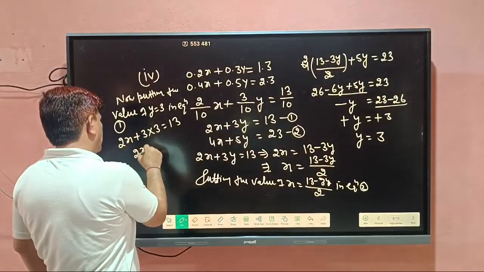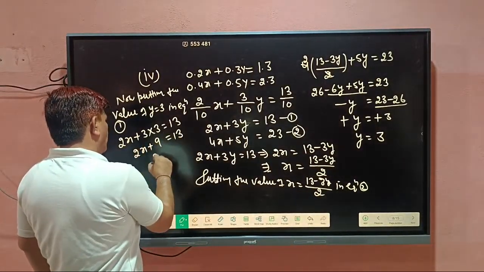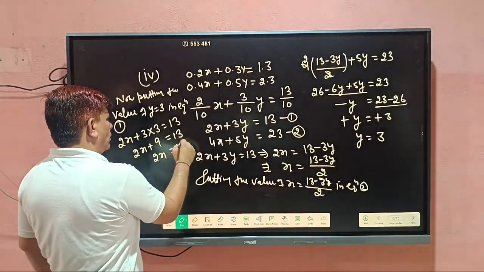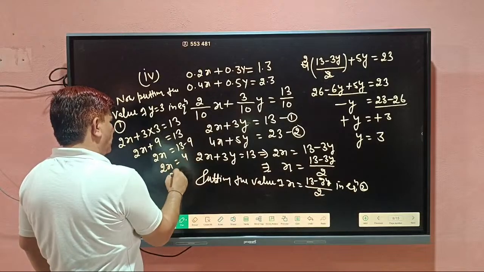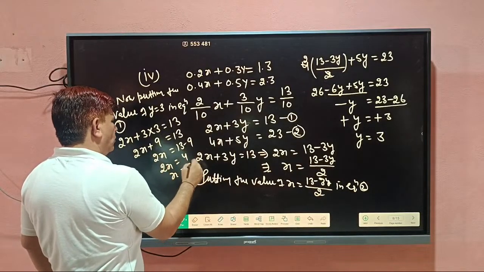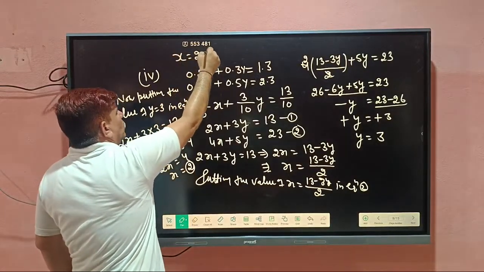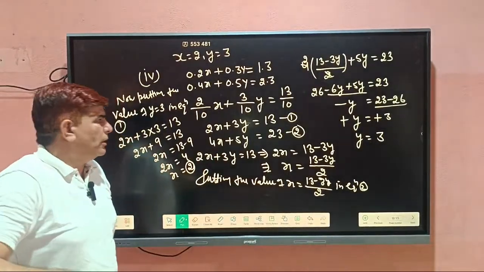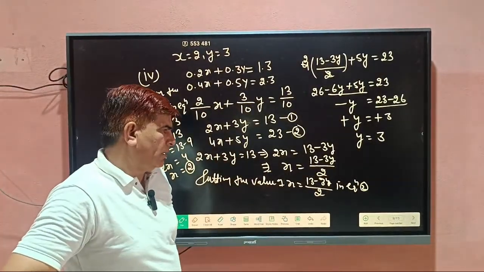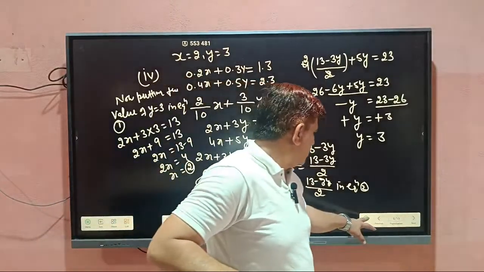So 2x plus 9 is equal to 13. 2x is equal to 13 minus 9, 2x is equal to 4. x is equal to 4 by 2, 2. So what's the value of x? x equal to 2, y equal to 3. So in this way, such easy methods, we are able to solve.